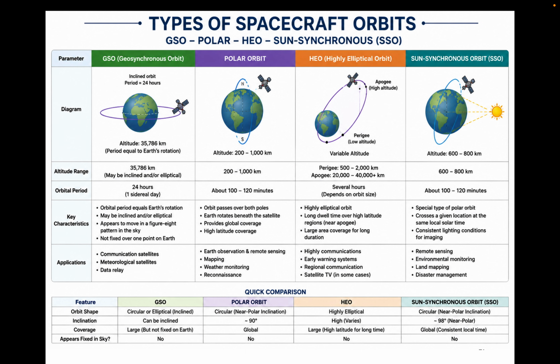And another category of orbits we have is the geosynchronous orbit. What is the difference between geostationary and geosynchronous? Geostationary orbit is always parallel to the equator, but geosynchronous is not parallel to the equator, though it exactly revolves around the Earth in one sidereal day. These satellites are also at a radius of 35,786 kilometers.